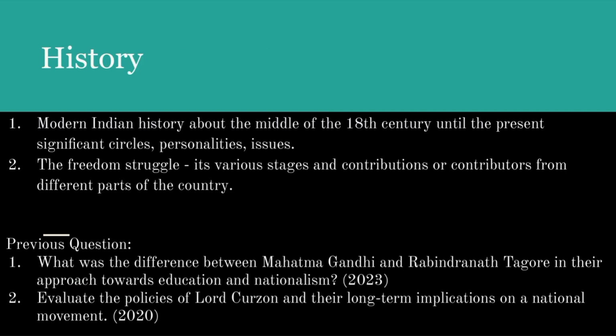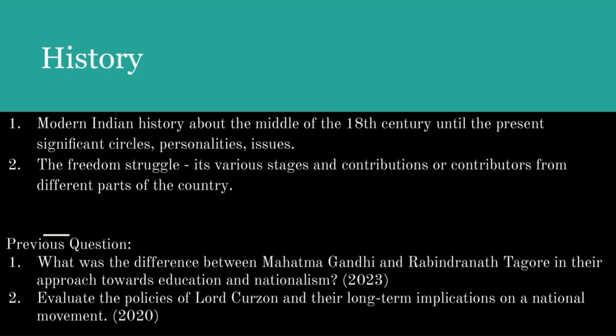Next we are going to see history. First point, modern Indian history from about the middle of the 18th century until the present, significant events, personalities and issues. The middle of the 18th century means 1750.